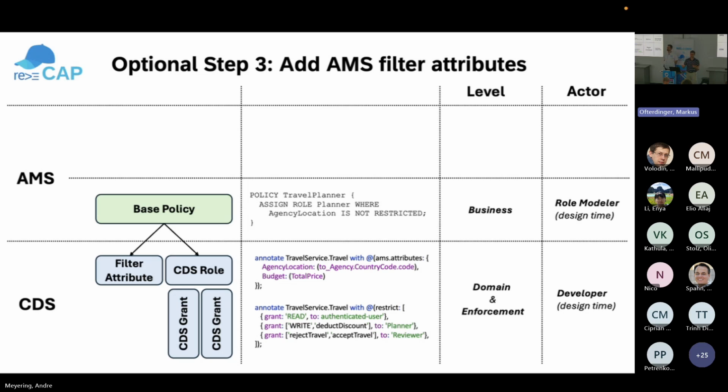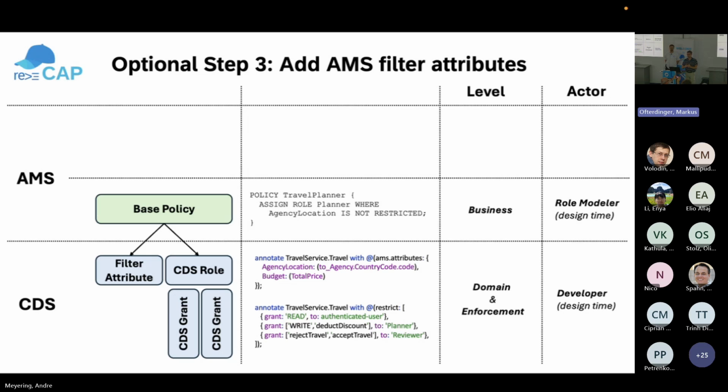So again, on CDS level, we have to identify suitable attributes for doing that. Not all the attributes would be suitable, because you should have attributes in place that naturally imply a classification of your data. So think about the travels, which are created in agencies, and agencies have a geolocation. So geolocation could be a good attribute for classification, because then you can classify all your travels that are planned maybe in a region.